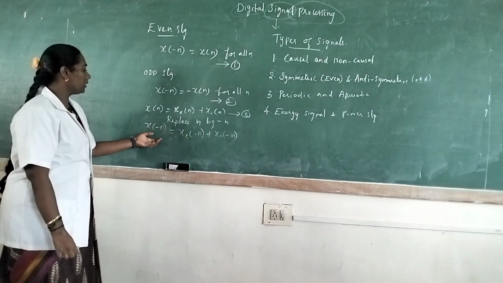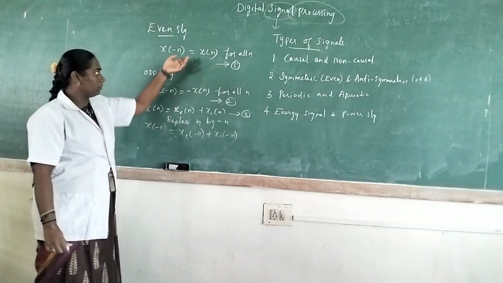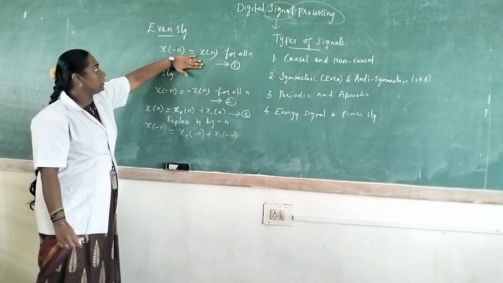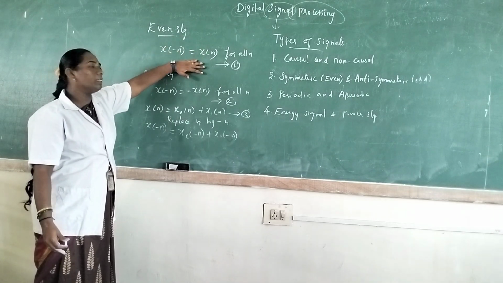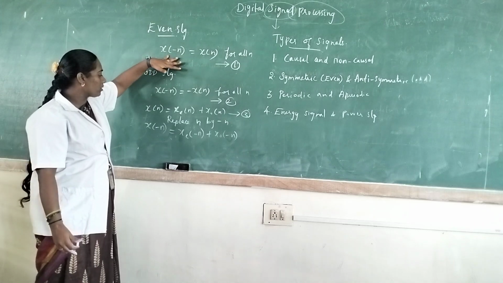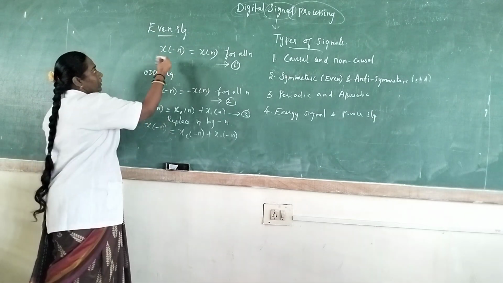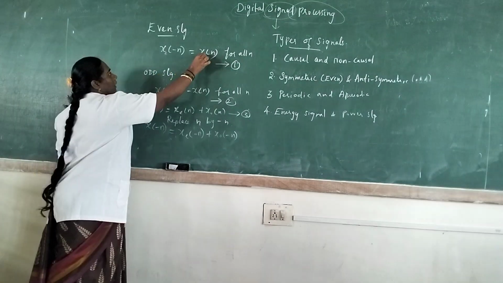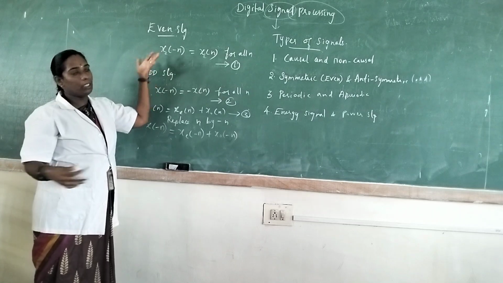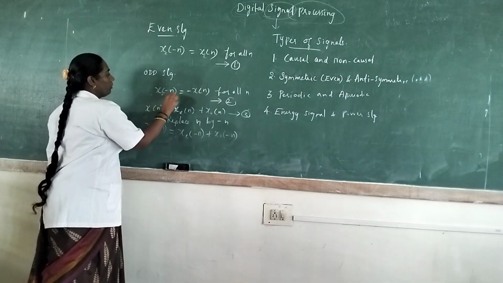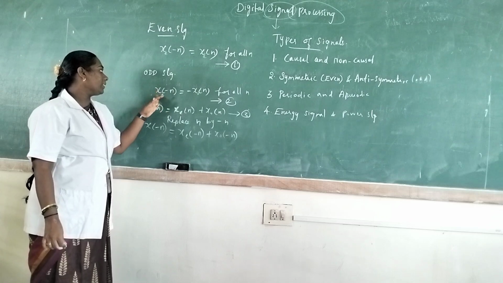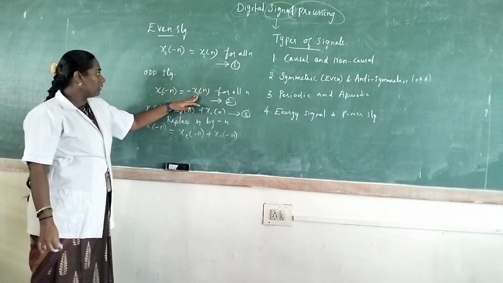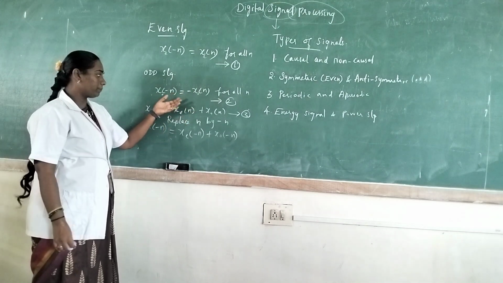So here you can see the same kind of signal. This is the condition for an even signal. So x of minus n, we can write it as xe of minus n, because this is for your even signal, and this is for your odd signal, so I am representing it as xo of minus n and xo of n.